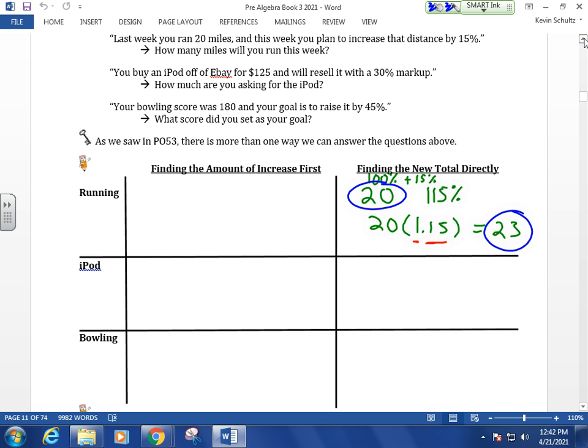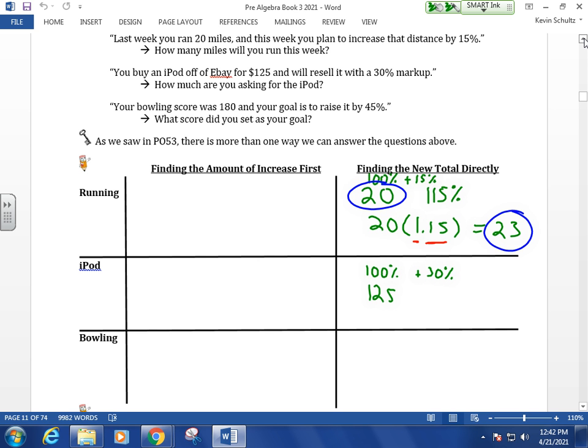Let's look at the iPod here. The iPod we buy off of eBay for $125, so that's our original here. That's our whole. The 125 is our 100%, right? Because that's everything. It's everything that we paid for it. And we want to increase that by 30%. Okay?